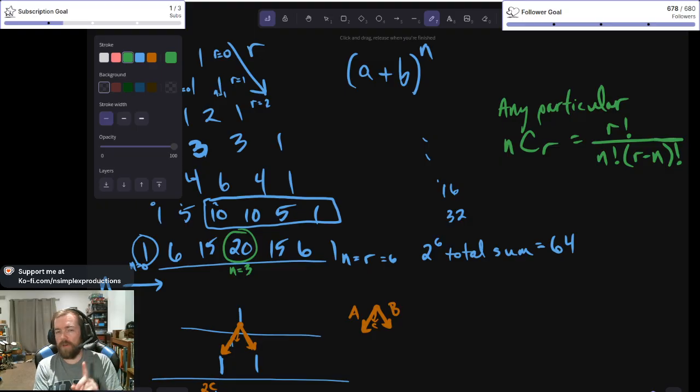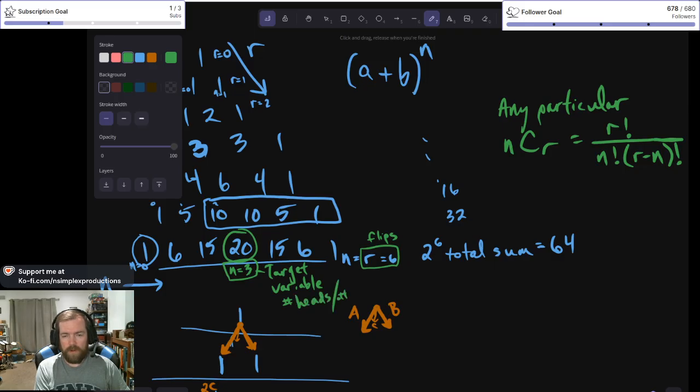So how many different ways are there to get 3 heads out of 6 flips? Right, number of heads, or number of lefts, whatever it might be. So here, with the n choose r formula, we said we're going to do 3 choose 6 to try to figure it out.